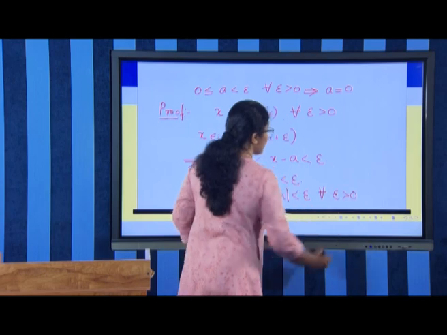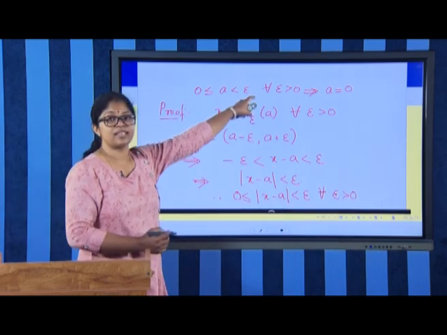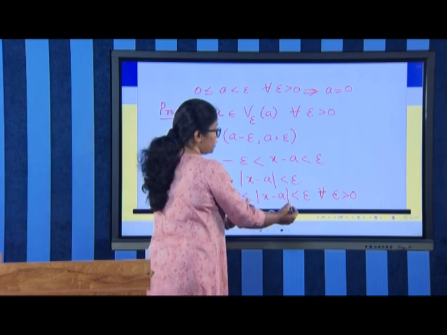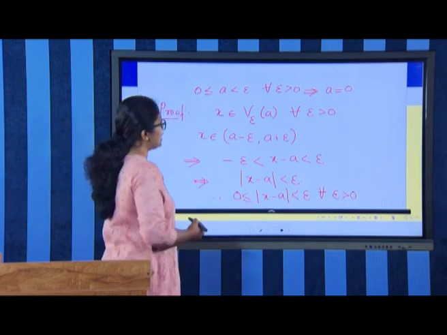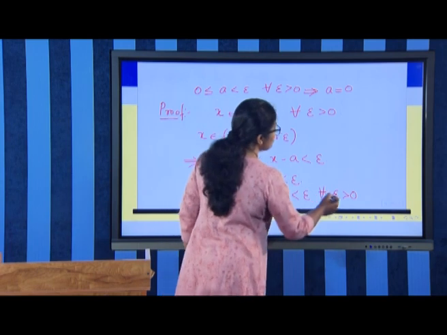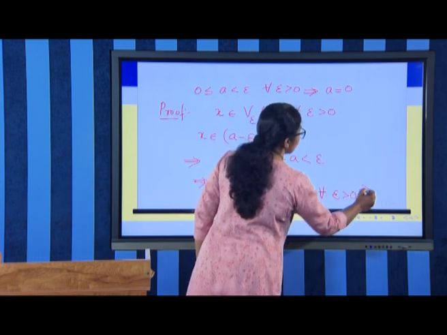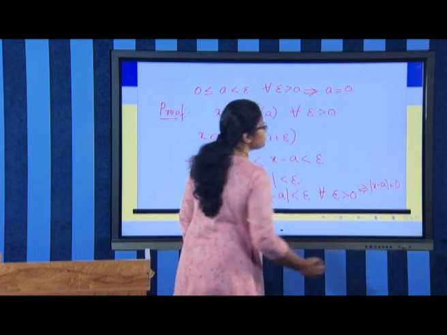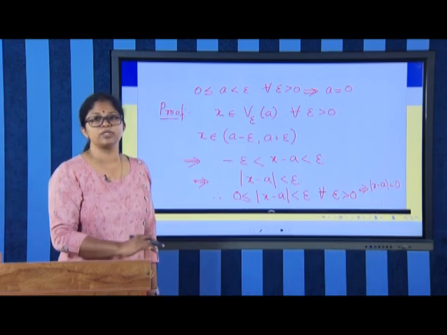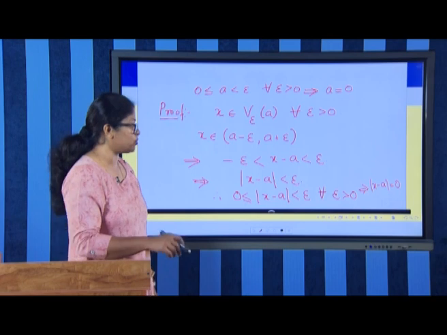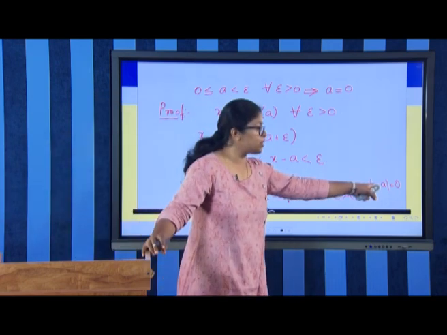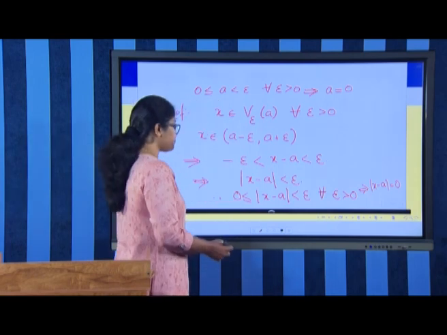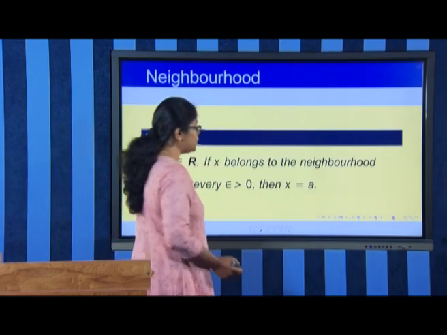So, we are now in a position to apply the result that we already know, but instead of A, here we have modulus of x minus A. So, this forces modulus of x minus A to be equal to 0. And when is the modulus of a real number equal to 0? When the real number is equal to 0, by the definition of modulus. So, that shows that x minus A is equal to 0. That is why we have the result.